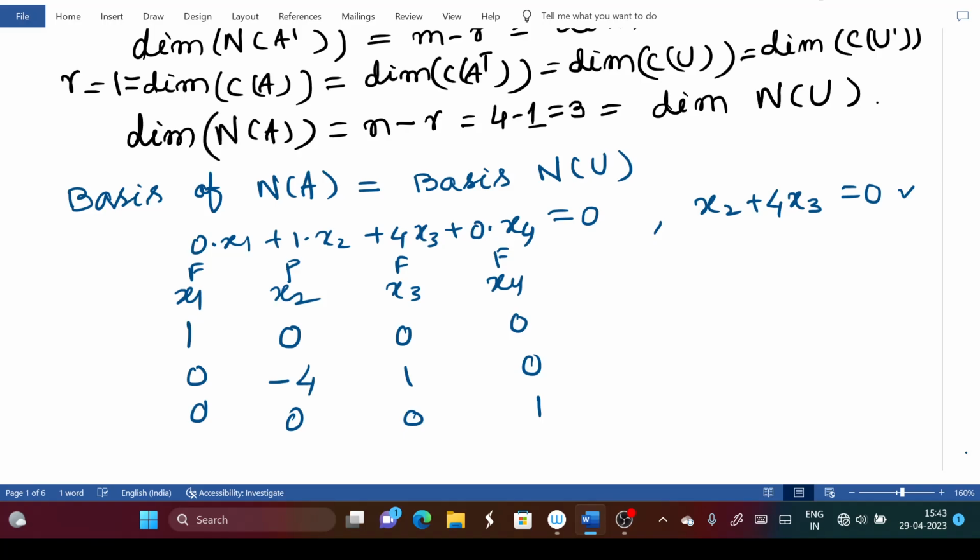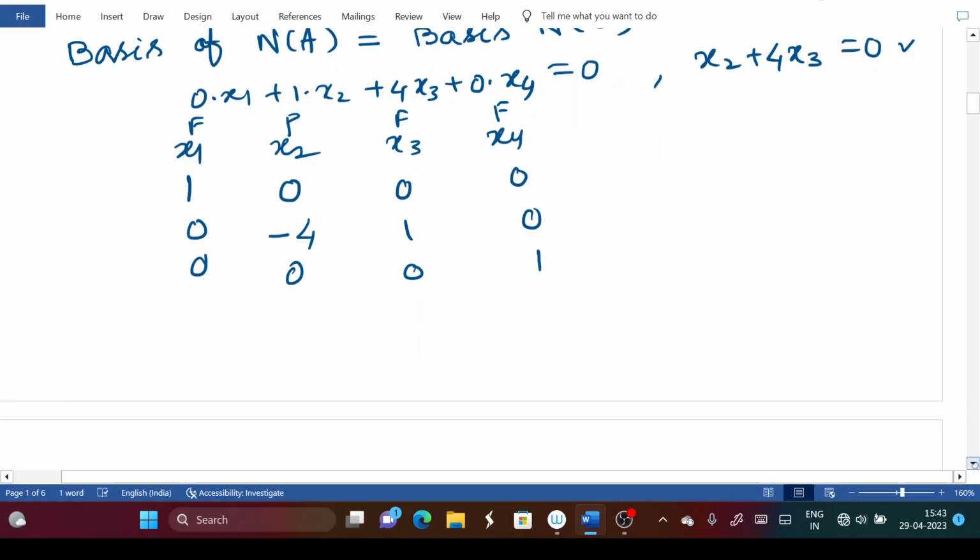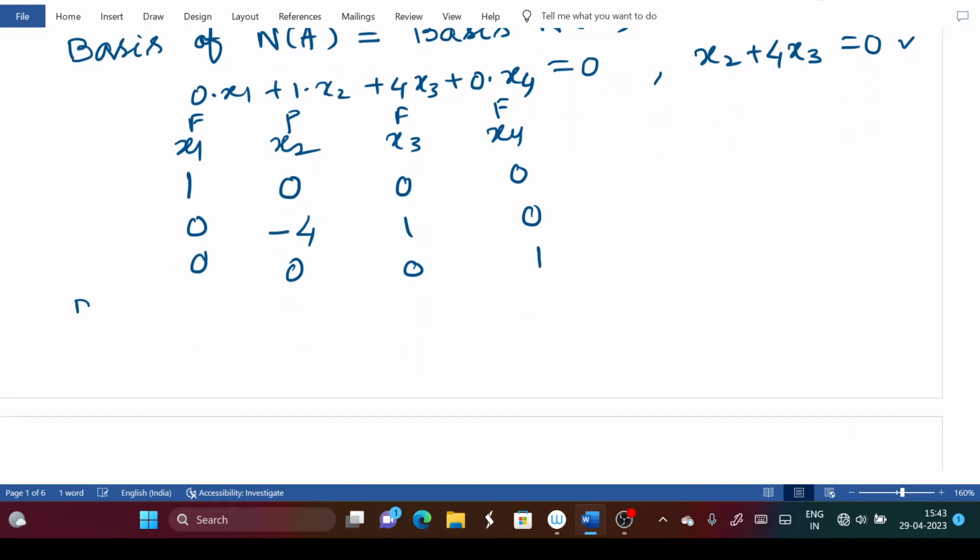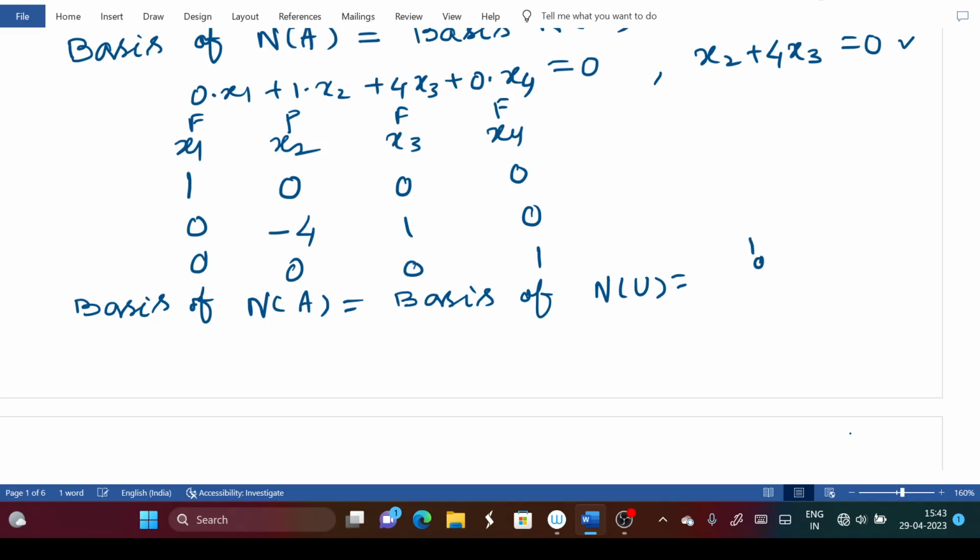So I got the basis of the four fundamental spaces. The basis of the null space of A is equal to the basis of the null space of U, which is 1, 0, 0, 0; 0, minus 4, 1, 0; and 0, 0, 0, 1.